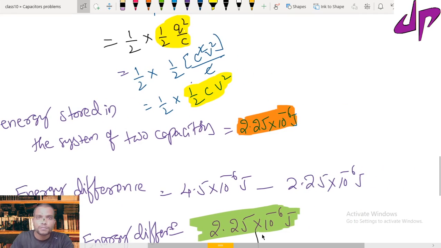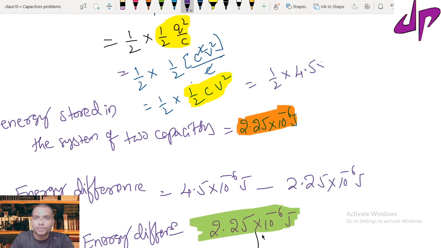So I can end up with half times 4.5 times 10 power minus 6 joules, and this 4.5 and half can cancel, giving 2.25. It ends up with the same.